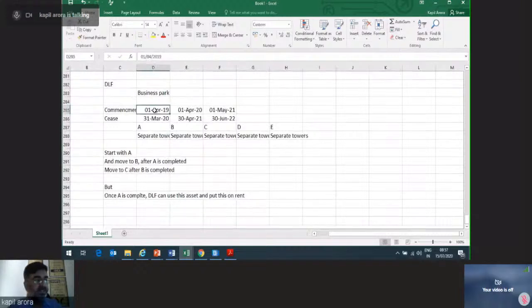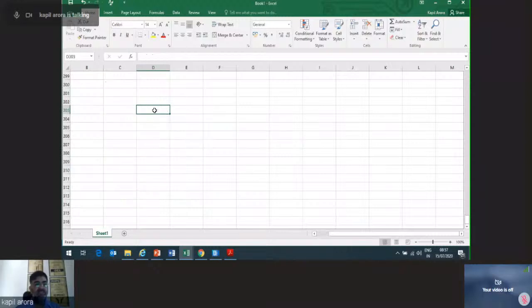It means for every unit I'll start the commencement on different dates, and I'll stop capitalizing the interest cost on the date when the work is completed. Is everyone okay with the period which we are talking about here?